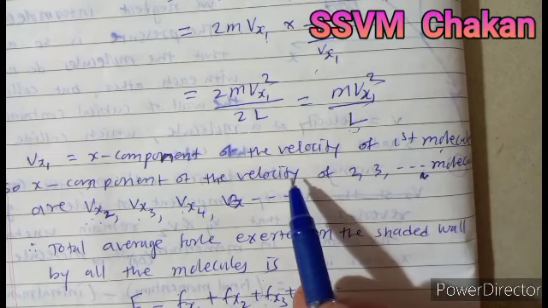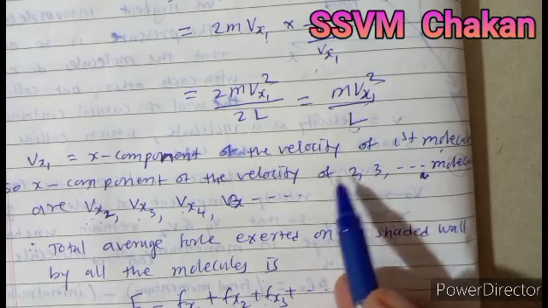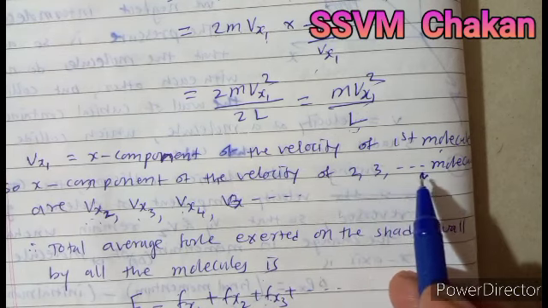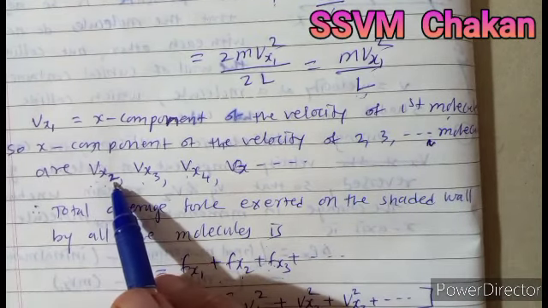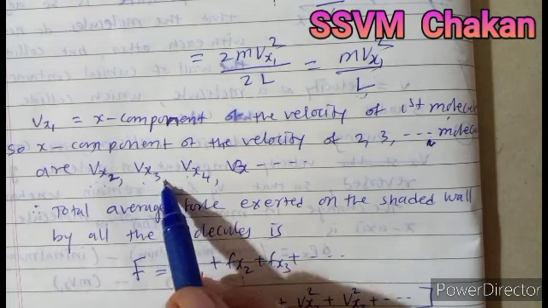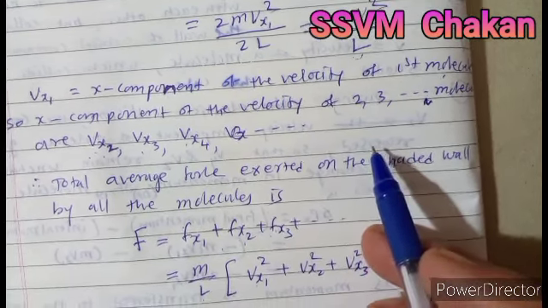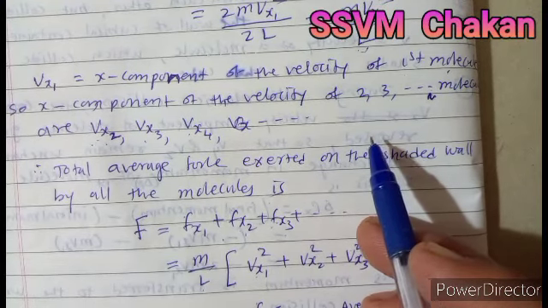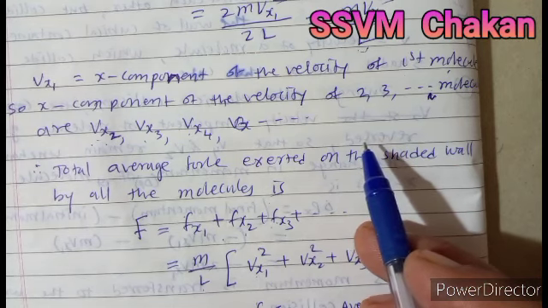But the gas contains a number of molecules, a capital N number of molecules. So the velocities of the second, third and nth molecules can be denoted by Vx2, Vx3, Vx4, Vxn. And therefore, all these N molecules apply a force on the shaded wall.